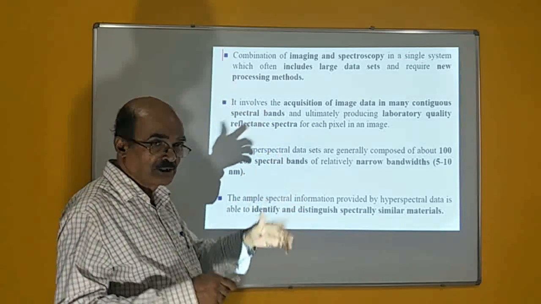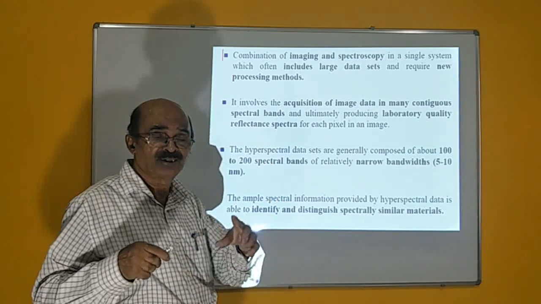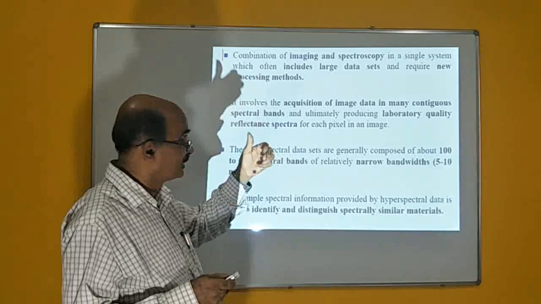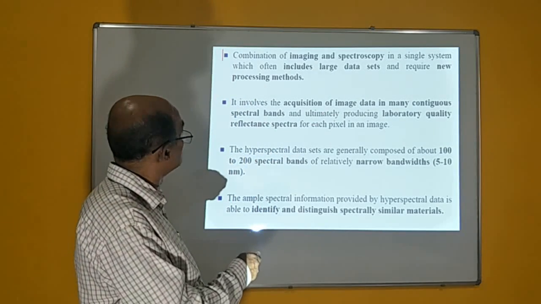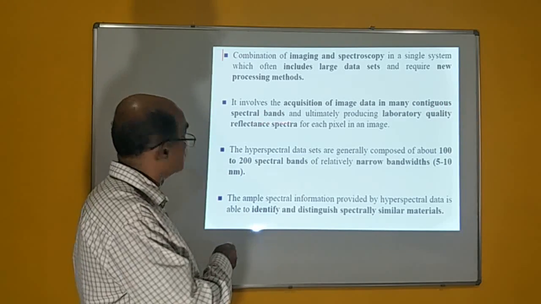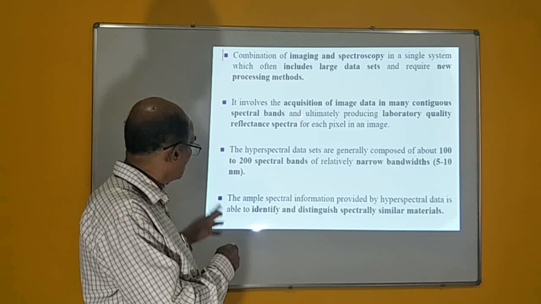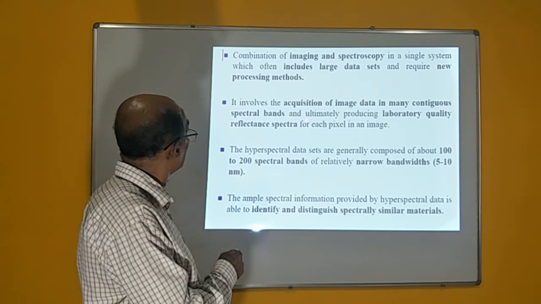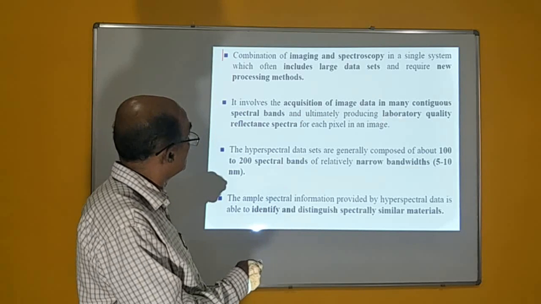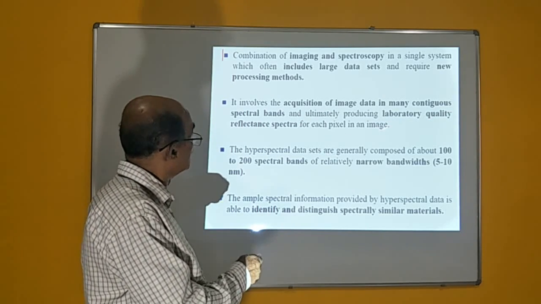Of course, you require a different software package for these purposes, because we have to handle enormous data, maybe 200, 300, 400 channels of data. It involves the acquisition of image data in many contiguous spectral bands, recorded at different wavelengths of the spectrum, but there is no break between the bands, ultimately producing laboratory quality reflectance spectra for each pixel in an image.